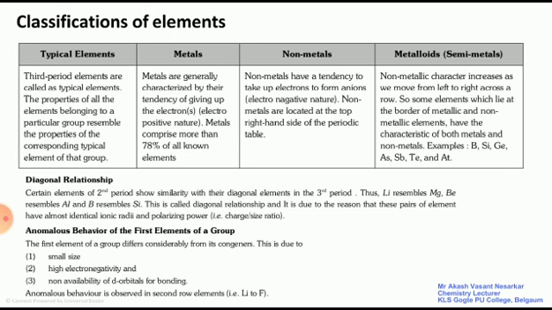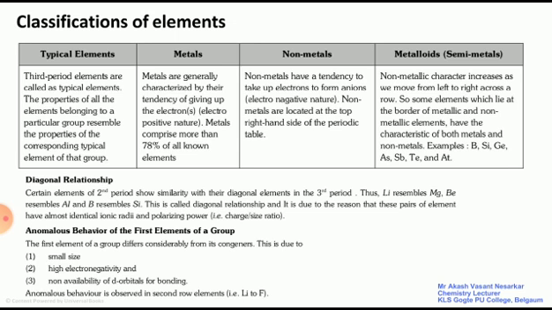Next one: anomalous behavior of the first elements of a group. The first element of a group differs considerably from its congeners. Okay, the first element of a group, that is boron or carbon, nitrogen, oxygen, fluorine, differs considerably from its congeners, meaning their group family.